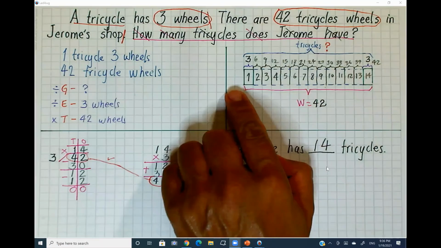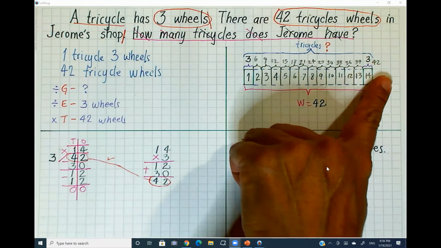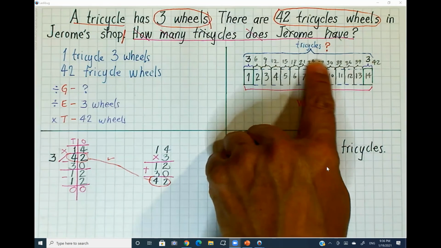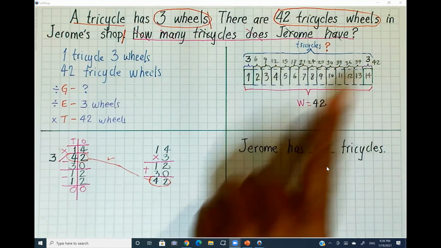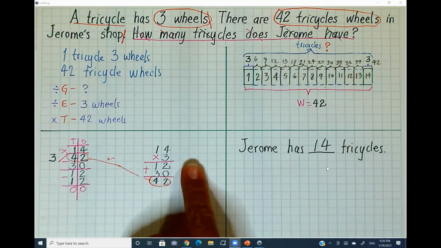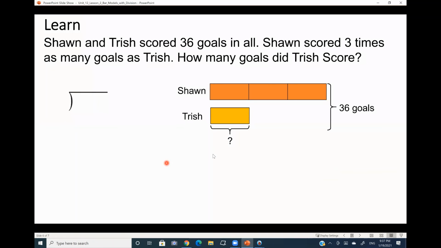Now we just proved that we have 14 tricycles and all the wheels together make 42 wheels, which confirms that my answer is right.